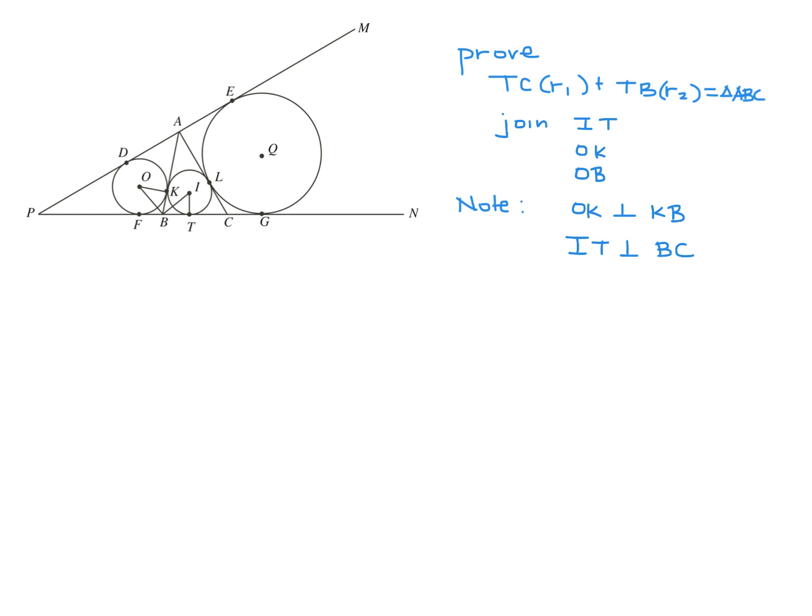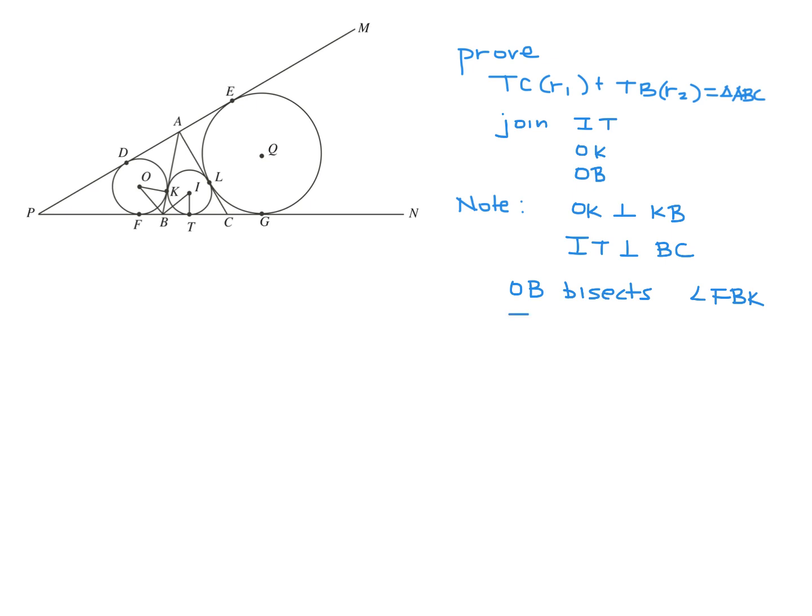So therefore, this line OB bisects the angle FBK, correct? Because FBK is this one right here. But then if you draw that line right there, it will cut FBK in half. So that will be the same as that.